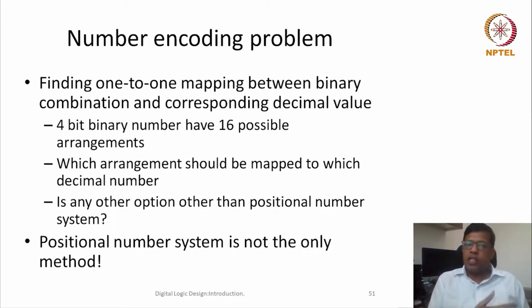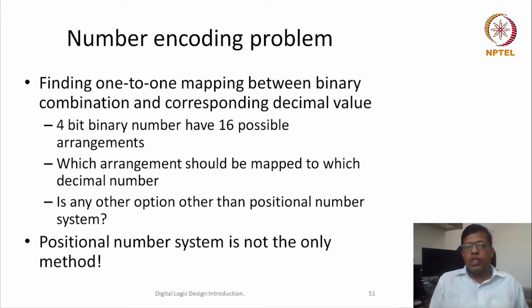During our initial discussions of unsigned numbers, and again signed numbers, like representing negative numbers in different ways, we have observed that there are various possibilities. Now, we would like to raise this question again: is there any other possibility to represent unsigned numbers using these 4-bit binary numbers?